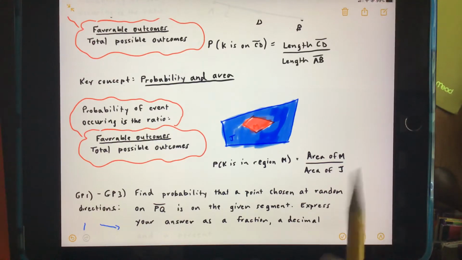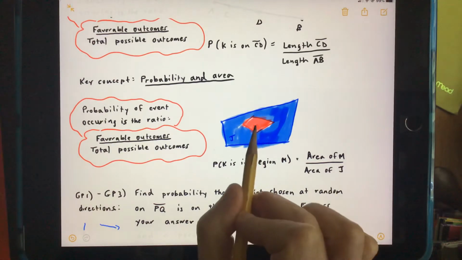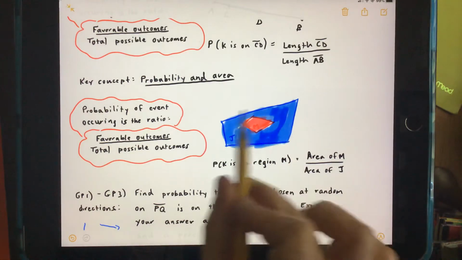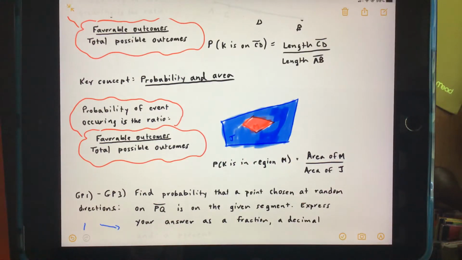The probability would be the area of M, this smaller area, out of the entire area, all of the blue and red area together. That's the area of J. That gives you the probability of randomly picking a point in the red area when it could land anywhere in all of the blue and red area together.